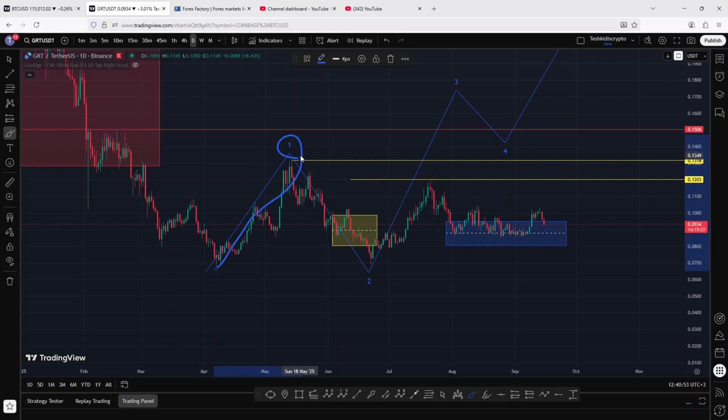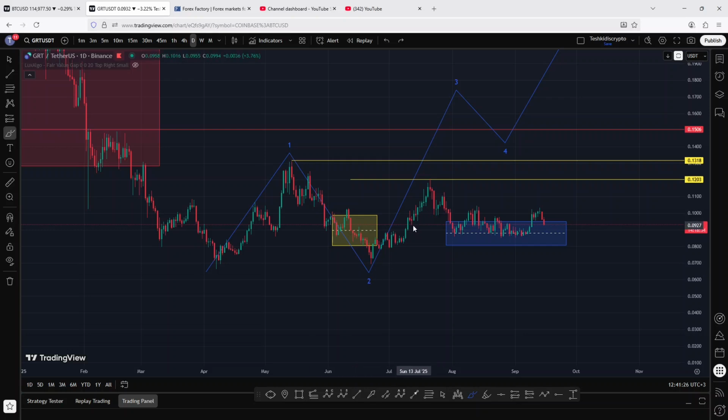Then we started a corrective structure to the downside in the formation of that second wave, where you can see that we saw a pullback into the minimum target area highlighted on the charts using that yellow target area, an area that we fully maximized, and at some point we broke out of that target area to the downside, taking out some liquidity on the lows we made down here on the 7th of April before we started another bounce. And that was the first indication that we could be getting a failure of these 1-2 setup.